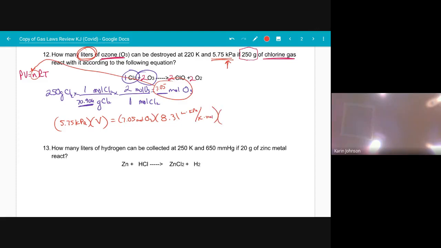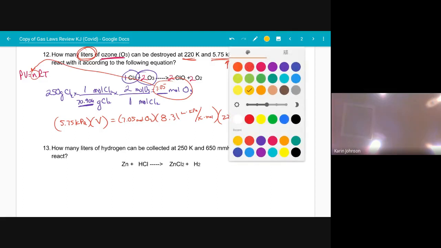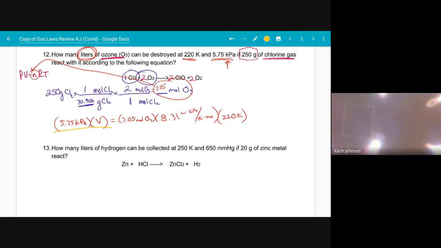And then the temperature here, what was the temperature? I can't find it. There we go. 220 Kelvin. We don't have to convert that one. Okay, so we have volume. We want volume by itself. So to solve for volume, we're going to divide this side by 5.75. That makes it go away. And we'll divide this side by 5.75 kilopascals.